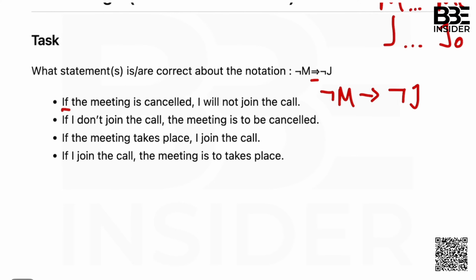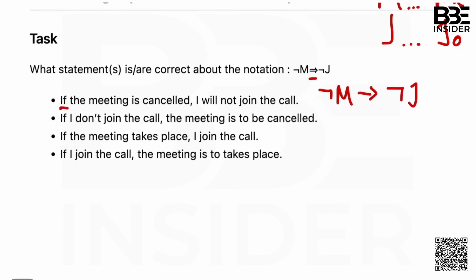In the next statement, if I don't join the call, the meeting is to be cancelled, meaning no meeting. If the meeting takes place, I join the call.